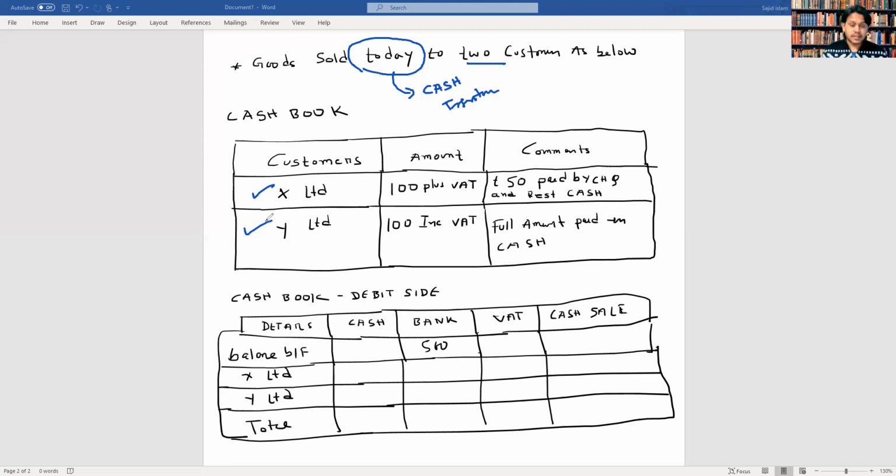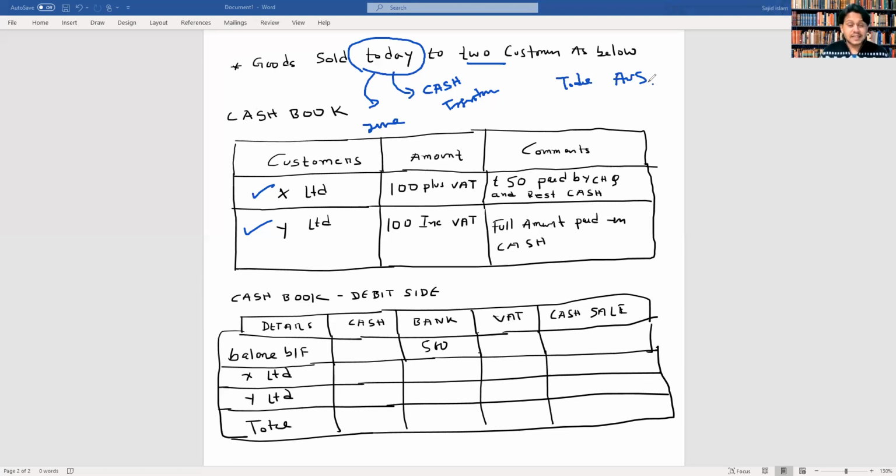to be separated. Now remember, if the question said this transaction is from a previous month rather than saying today, if they said it is from June and today's date is August, that means you understand this transaction is not today's. This transaction happened before in June, and today we are receiving the money.